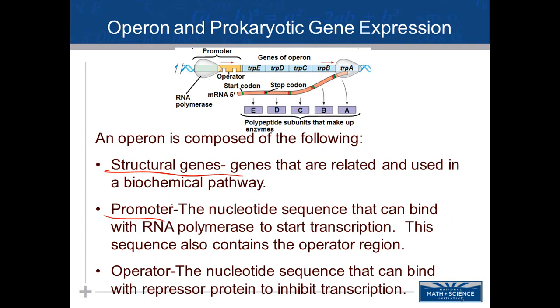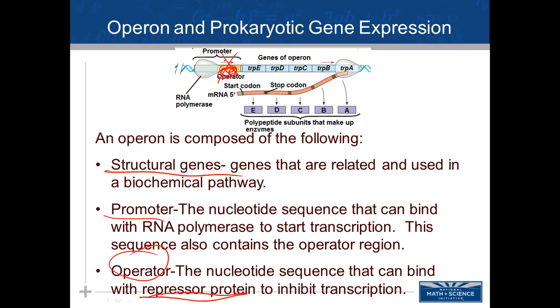Within the promoter region, there's an operator region, and an operator region is a nucleotide sequence that can attach to something called a repressor protein. Now, what a repressor protein can do is it can attach to the operator site and it can physically prevent the RNA polymerase from starting the process of transcription.